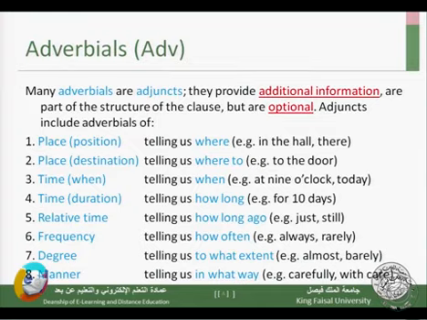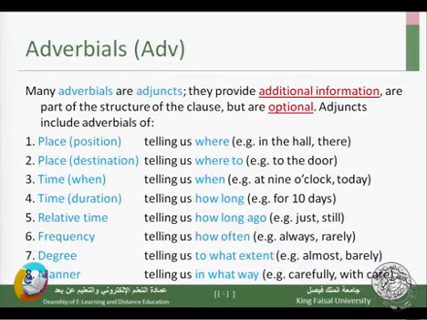We also have adverbials of place that give us destination. Those adverbs tell us where to, the destination that someone or something is going to. So to the door, Muhammad is walking towards, is going to the door. So to the door, this is the destination.